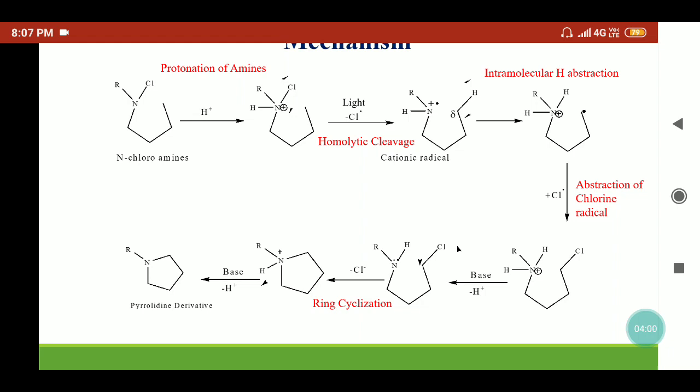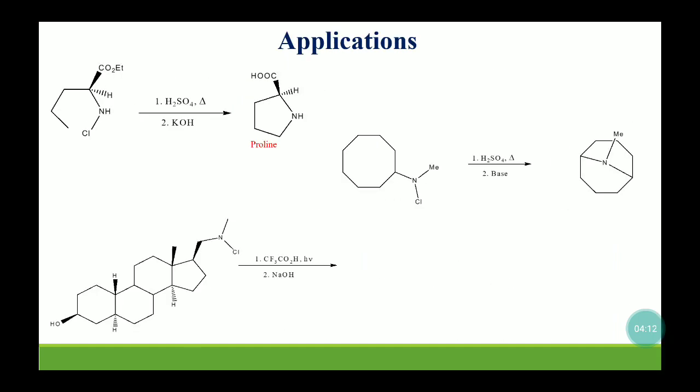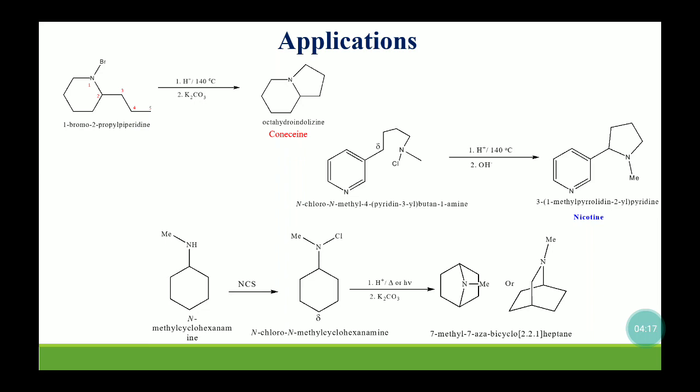In presence of basic media, H plus ion will release and forms the pyrrolidine derivative. Now we will discuss some examples of how this reaction can be applied in organic synthesis.